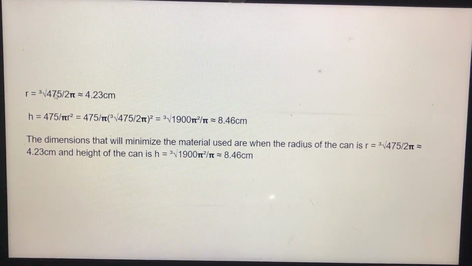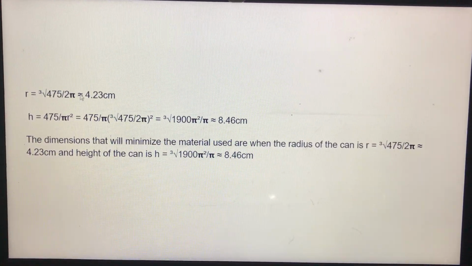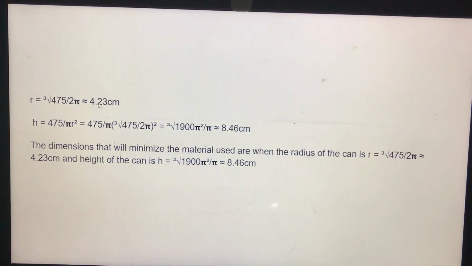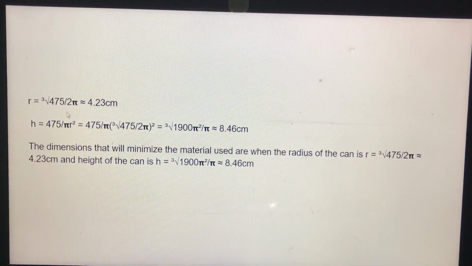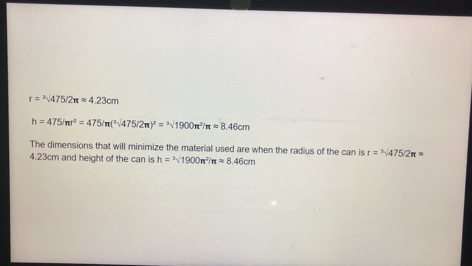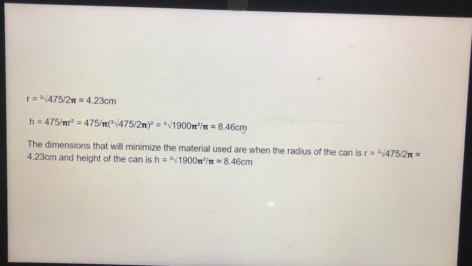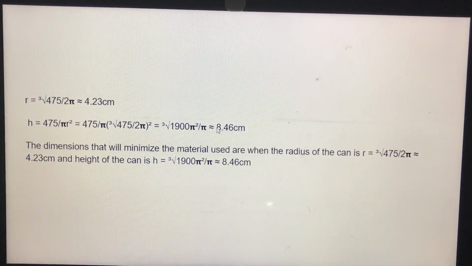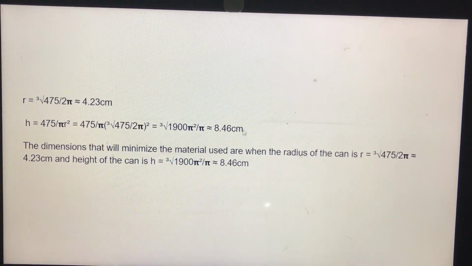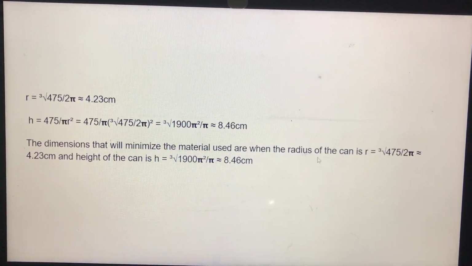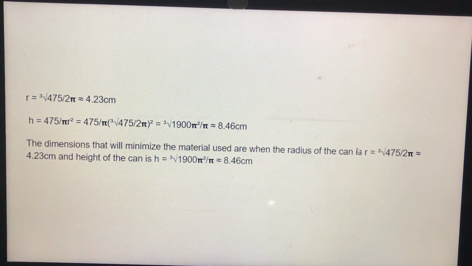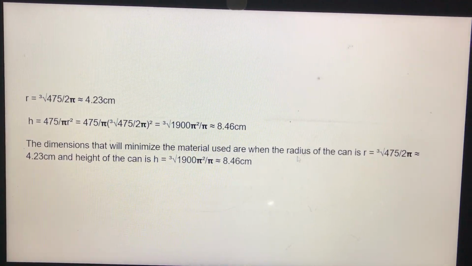So this is the dimension that will minimize the material used. The r is approximately 4.23 centimeters. The height is approximately 8.46 centimeters. And after that, we finalize our answer with this sentence.